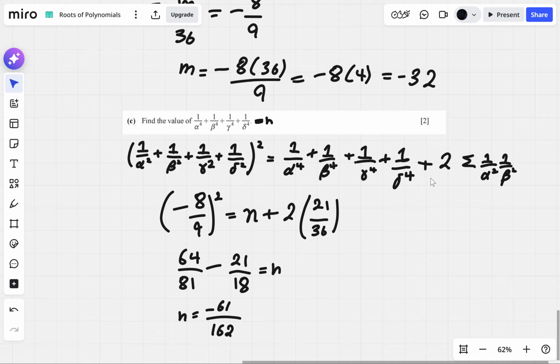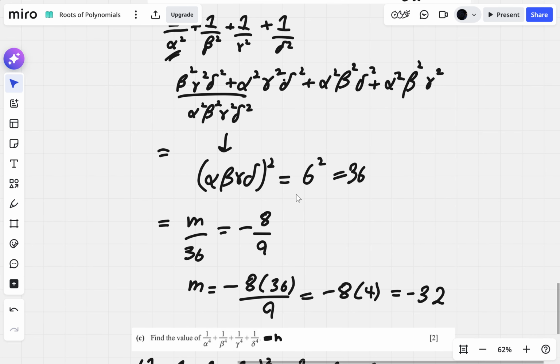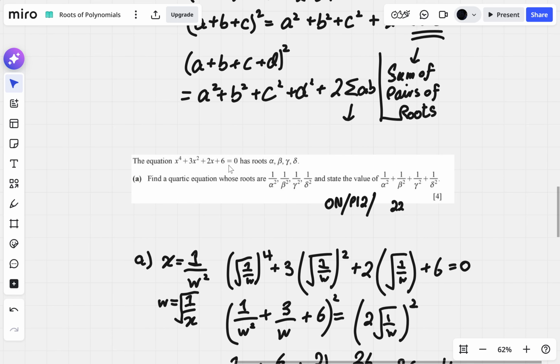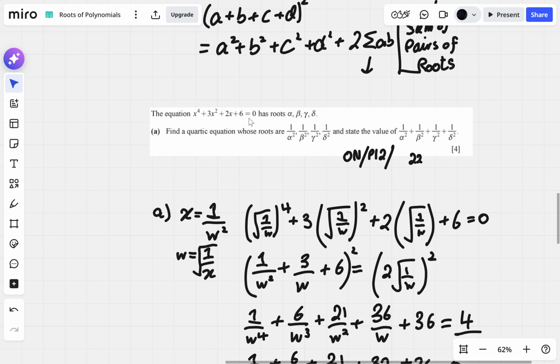The n was 1 over alpha power 4, 1 over beta power 4, 1 over gamma power 4, and 1 over delta power 4. And to tell you how I got the sixth value in this question, this was the product of roots of the original equation. Let's go back to the original equation.